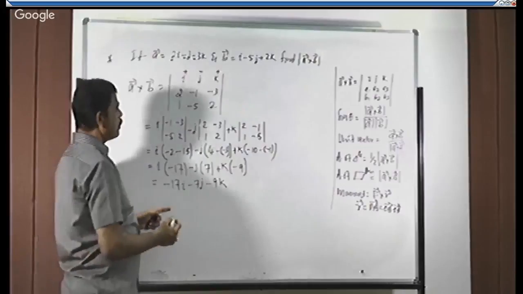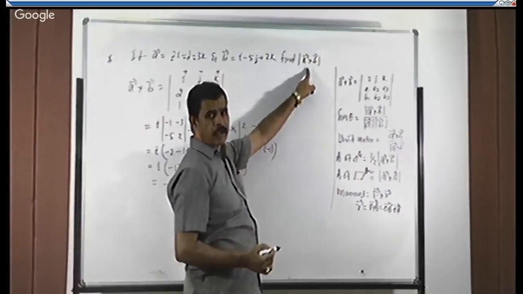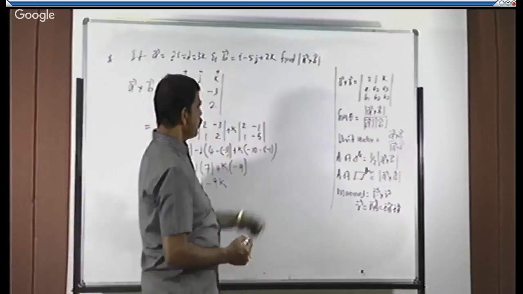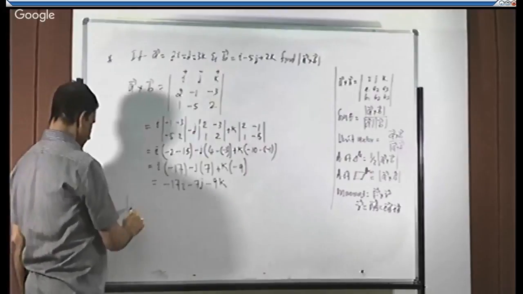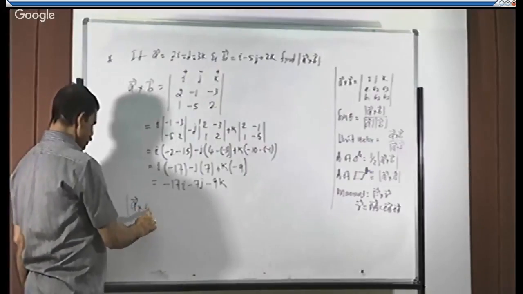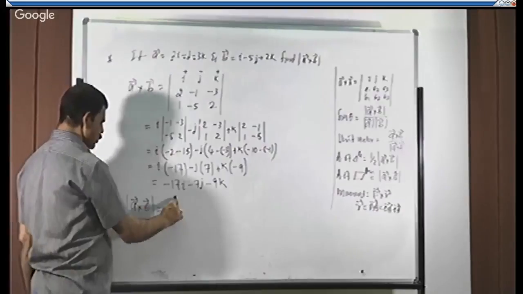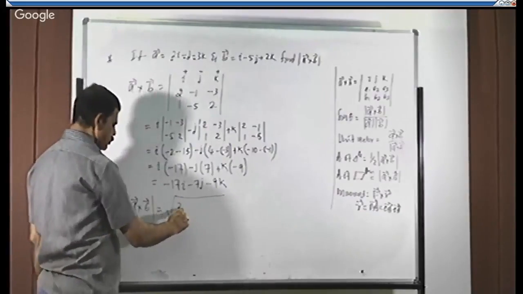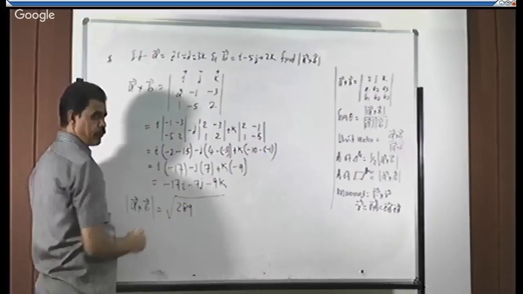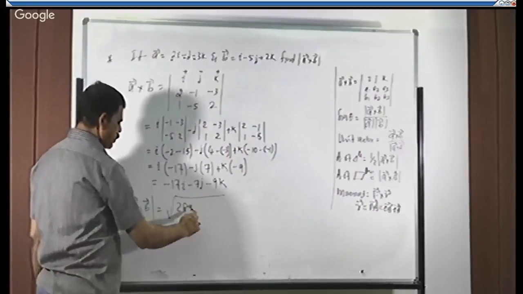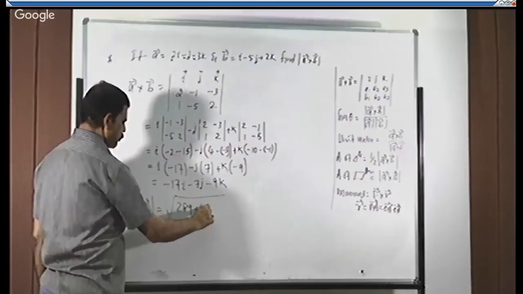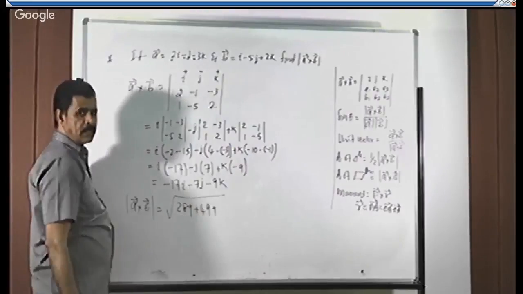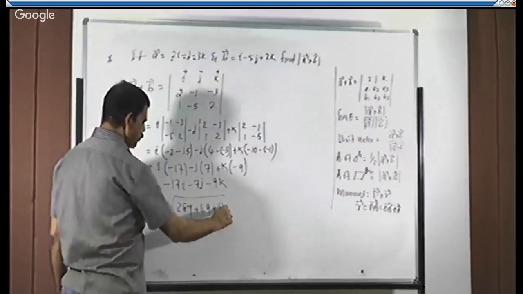We need to find out magnitude of A cross B. It is a vector whose magnitude we need to find out. Minus 17 square is equal to 289. Correct? 7 square is 49. Plus 9 square is 81.